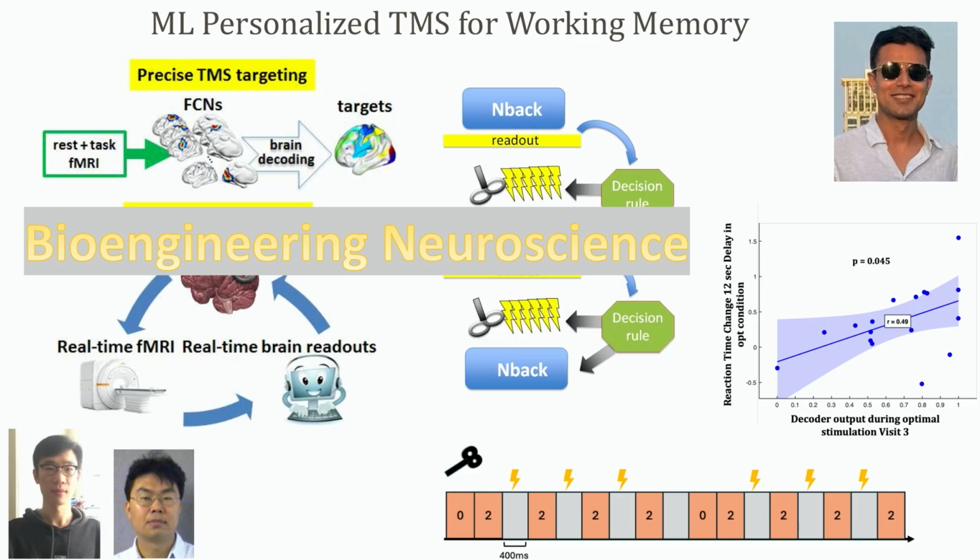So this is guiding also the personalization of the target, using normative data, but also augmenting that with personalized stimulation frequencies. And I will say we did split it across the different frequencies that we tested, and it was not consistently one frequency across all people that was the optimal decoder. It really took this extra layer of optimization for personalizing the frequency to get the behavioral response that we wanted.